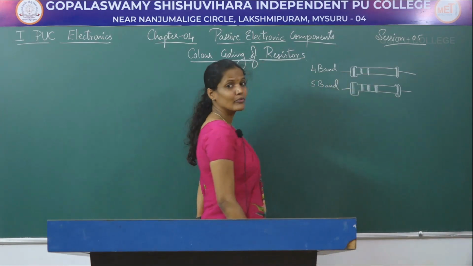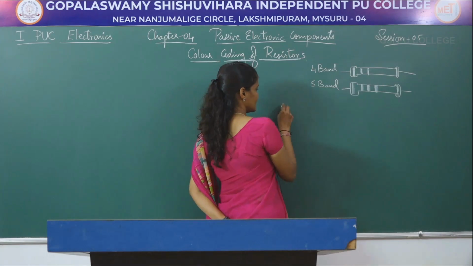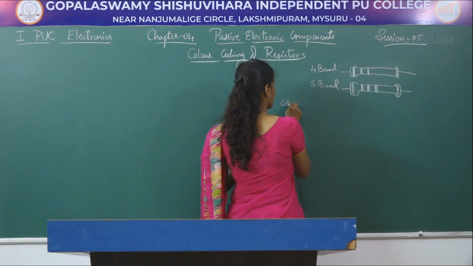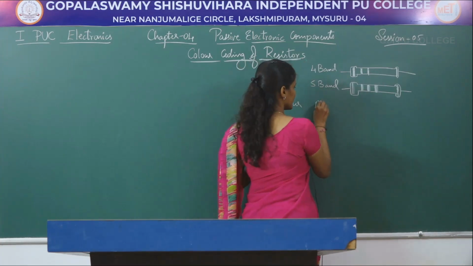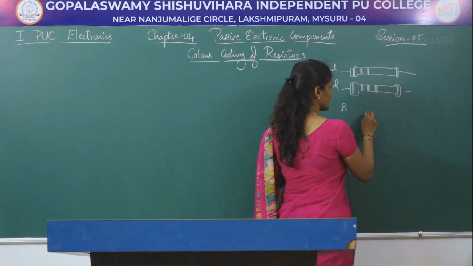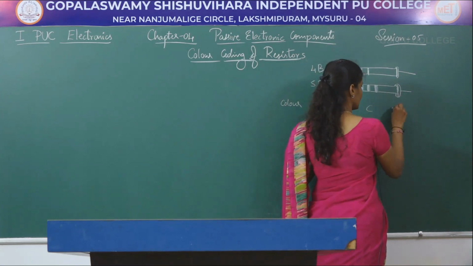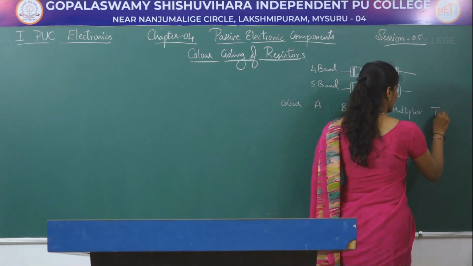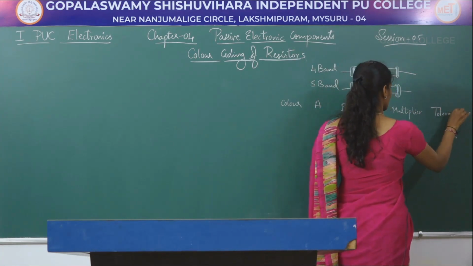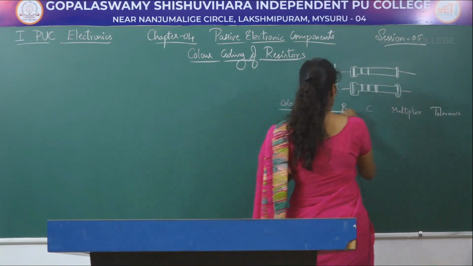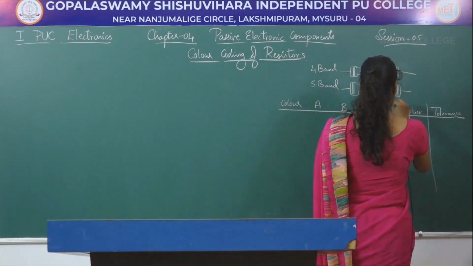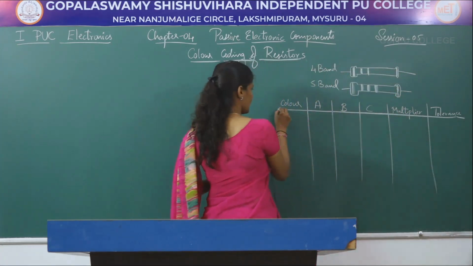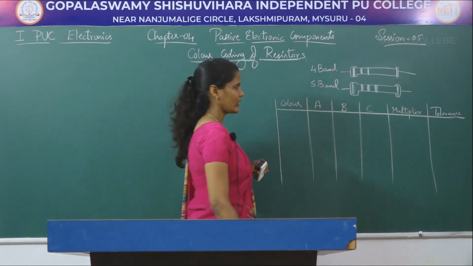And coming to the color coding table, this is the color column. This is column A, B, C, multiplier and tolerance. So, the color coding table will have these columns: color, A, B, C, multiplier and tolerance.